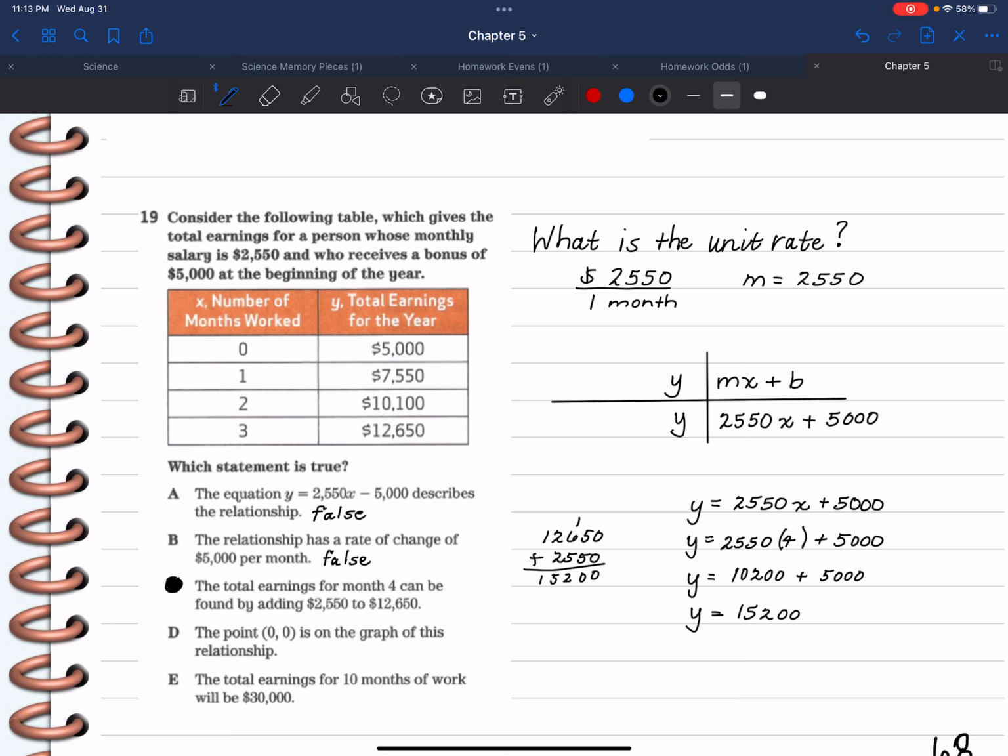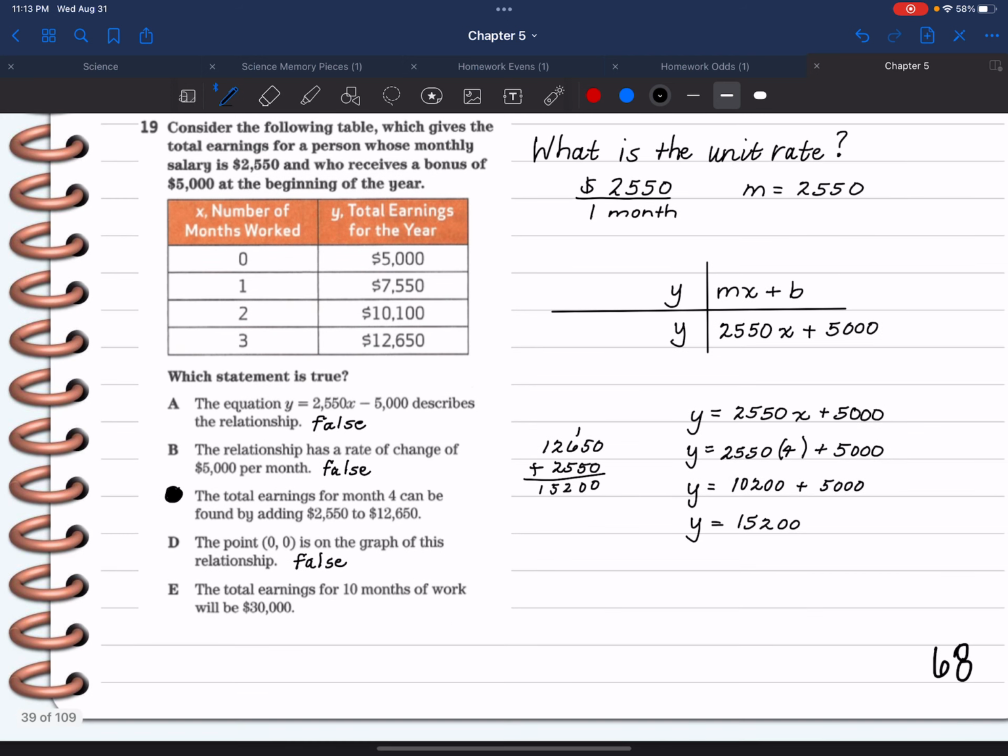The point 0,0 is on the graph of this relationship. That is a false statement. It's 0, 5,000. The total earnings for 10 months of work would be $30,000. Well, let's see. We have 25.50 when x is 10 plus 5,000.